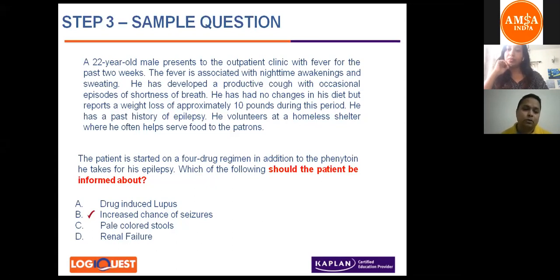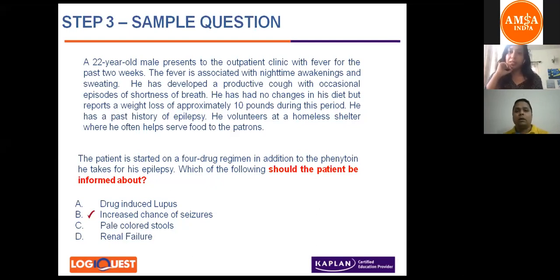Okay, so the point I'm trying to make here is, we have seen the same tuberculosis patient, right from where the Step 1 question was, to where the CK question went up to, and now what is Step 3 asking him?